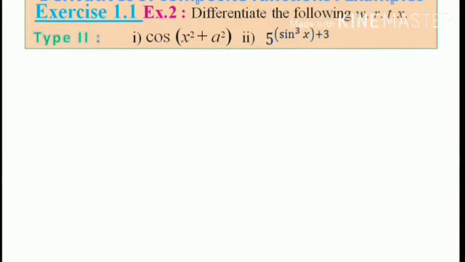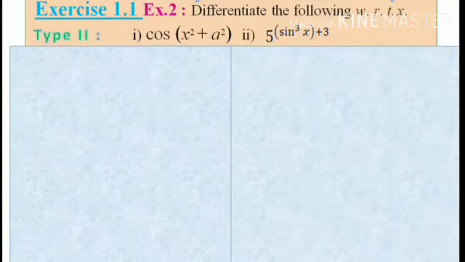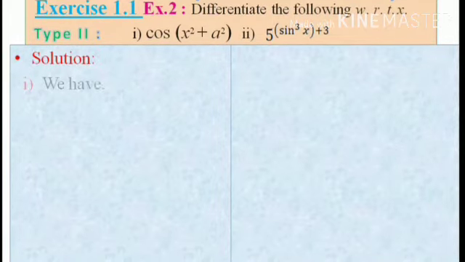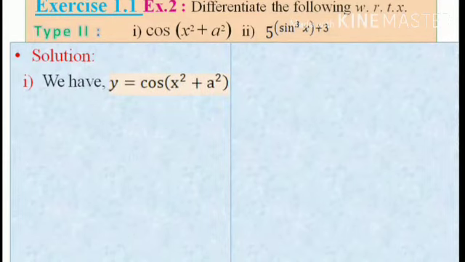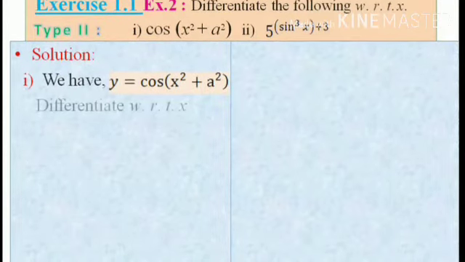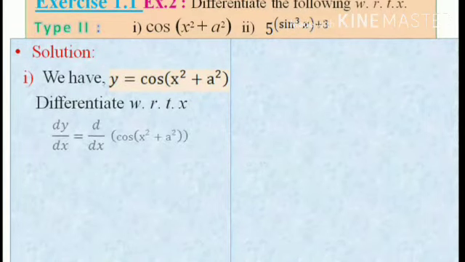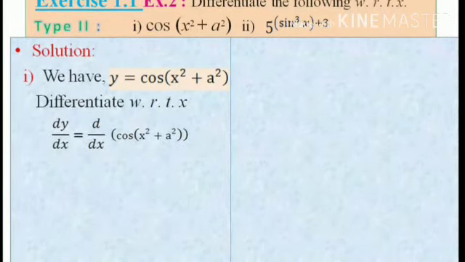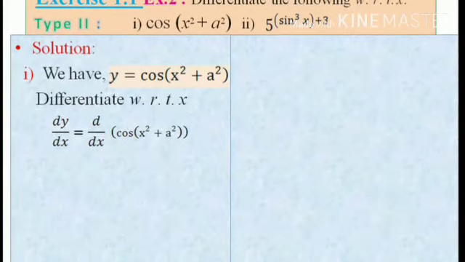Okay, now first take the example y equals cos of (x square plus a square). Now differentiate the given function with respect to x. Therefore the derivative of y, dy by dx, equals the derivative of the right-hand side, d by dx of cos of (x square plus a square).